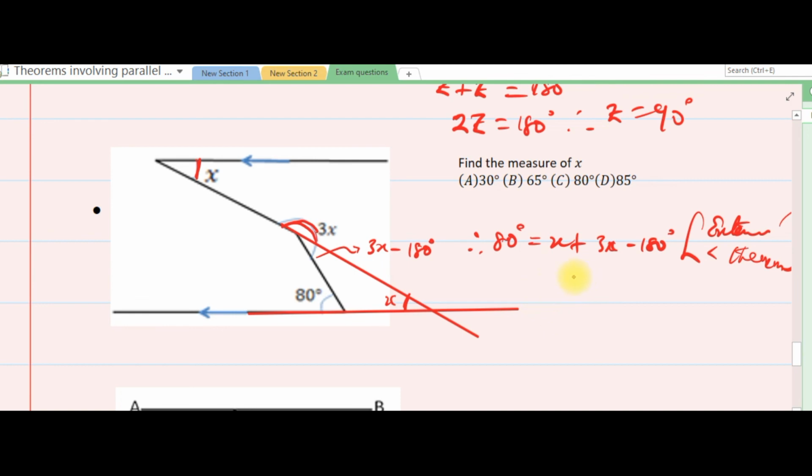That's what the theorem states. So x plus 3x is 4x. 180 plus 80 is 260. So finally x is 260 over 4, which is 65. So the answer is 65.